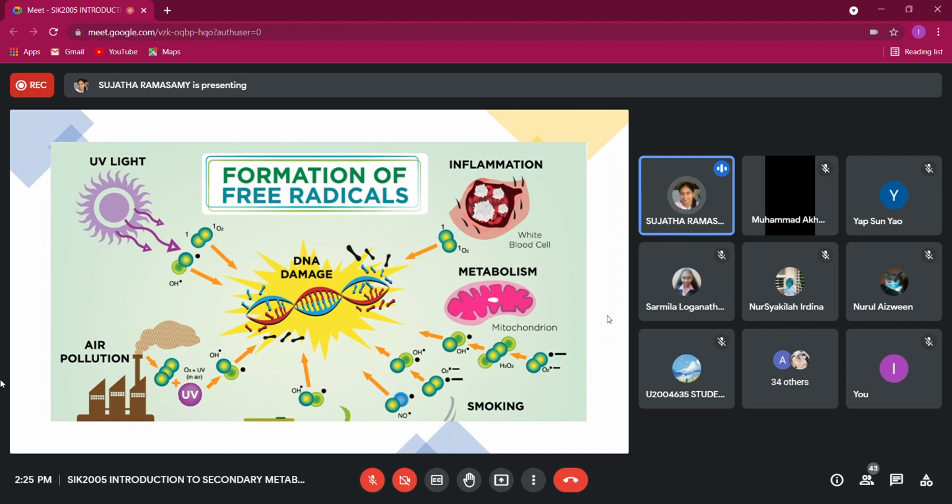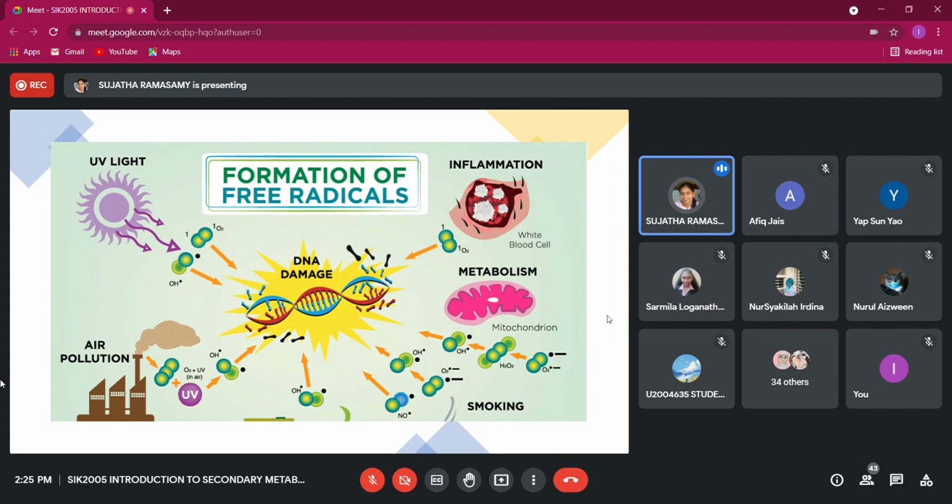We have all sorts of environments, very stressed environments, which lead to the production of free radicals, and it accumulates in our body. Our body has been designed to fight free radicals to a certain extent. When there are excess free radicals from external factors, that's when we need to get something from outside to fight them.